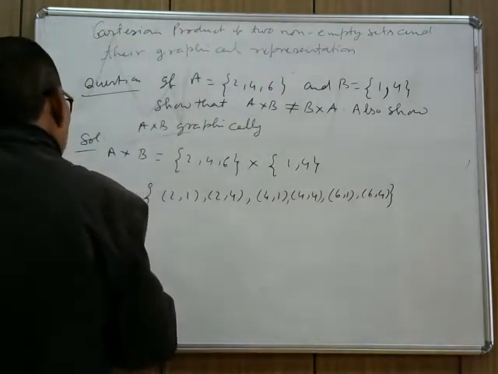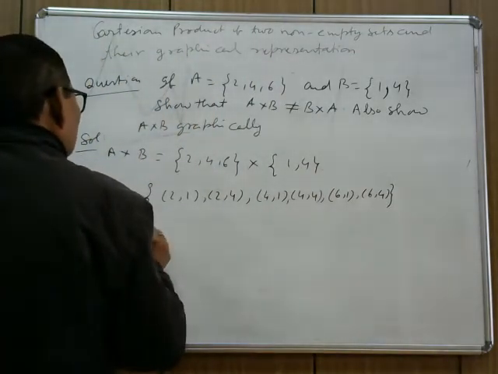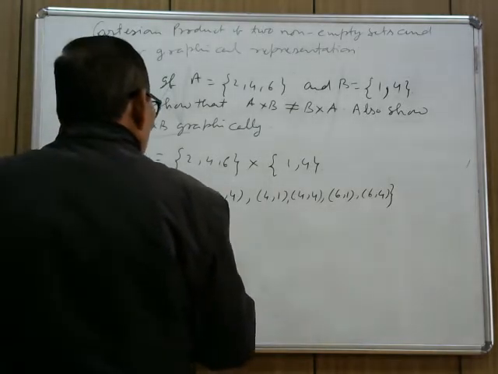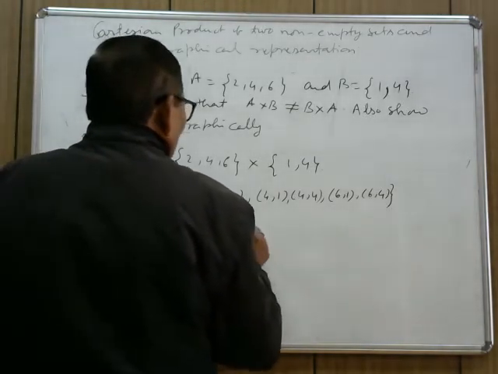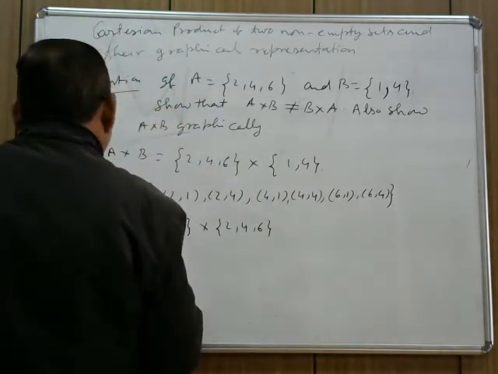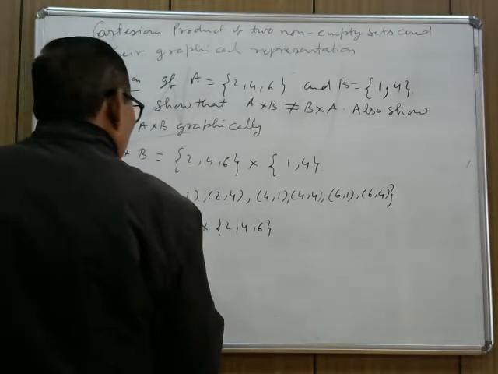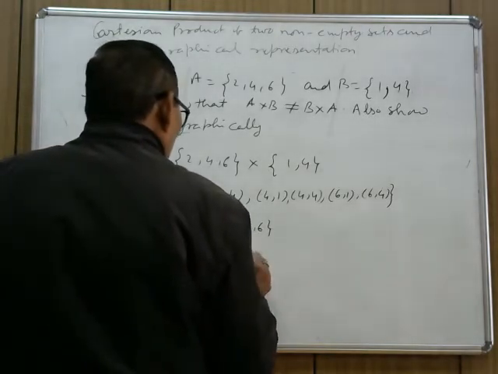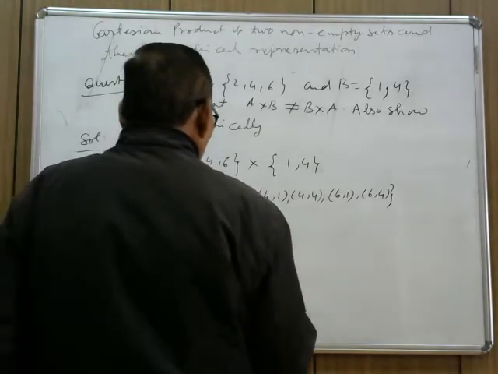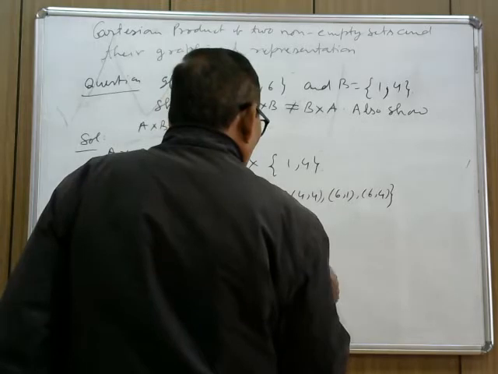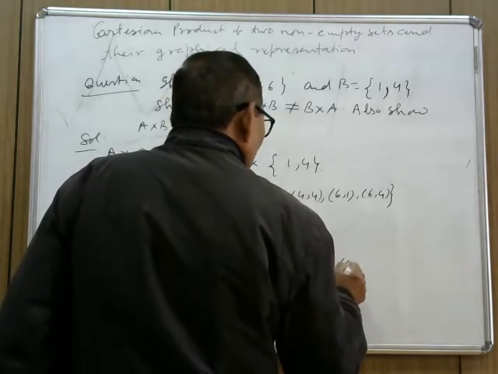Now you find B cross A. That is equal to {1, 4} cross {2, 4, 6}. Your B cross A is equal to (1, 2), (1, 4), (1, 6), (4, 2), (4, 4), (4, 6).